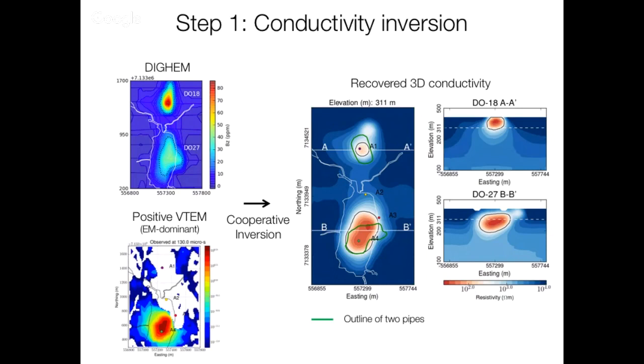Anyway, so do that. Recover a 3D conductivity model in cross section. Looks like this. Actually, this cross section in here also captivated a lot of our time, because we had one of our sponsors, Tinto.